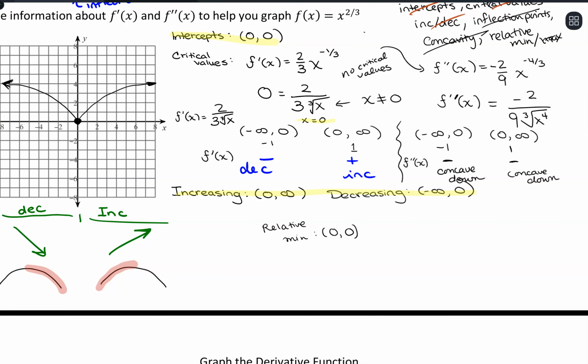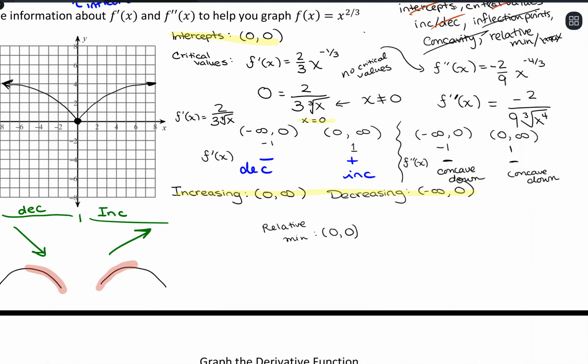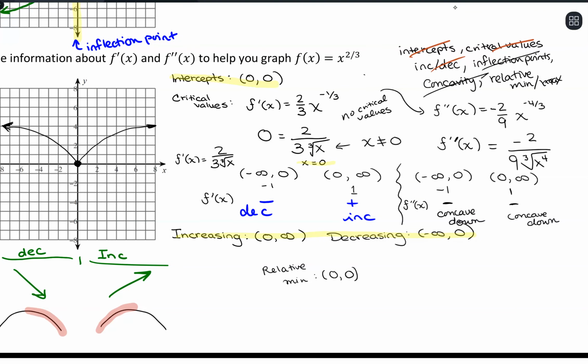It would in fact even be an absolute minimum. No relative maximums though, since it goes off to positive infinity on either side. When we get to the end of this, what you can do is always graph it to double check. So x to the 2/3 there to see that we did it right. But that's how we can put these pieces together.